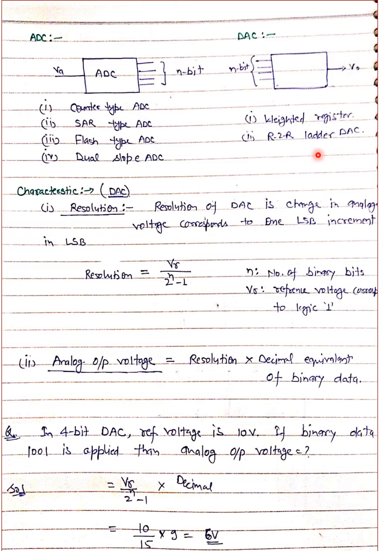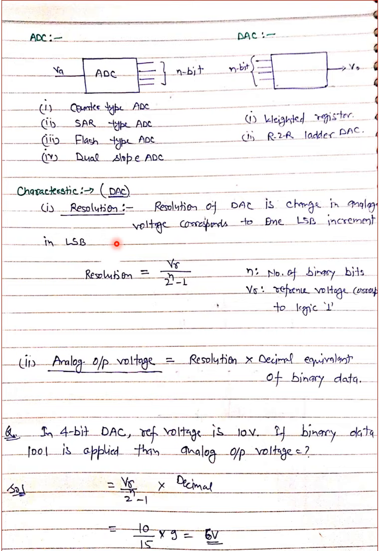So these are some characteristics of DAC. Let's discuss one by one. The first one is resolution. The resolution of a DAC is the change in analog voltage corresponding to 1 LSB increment.